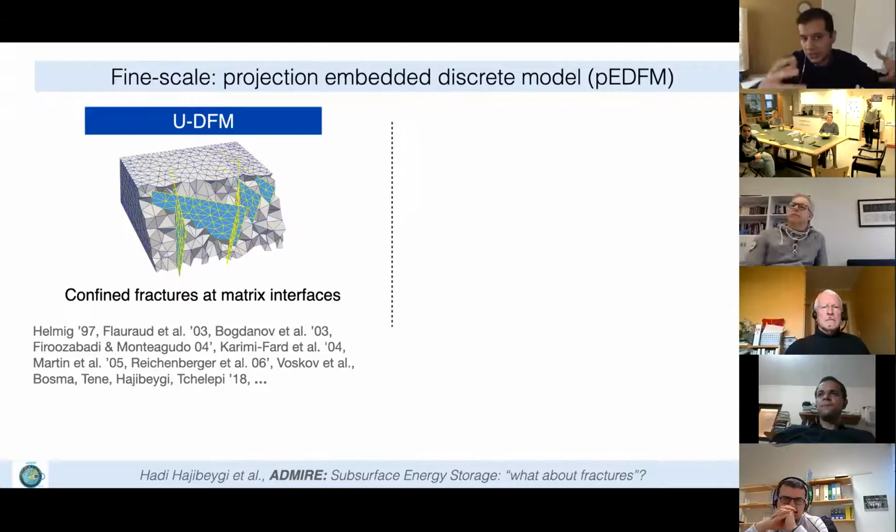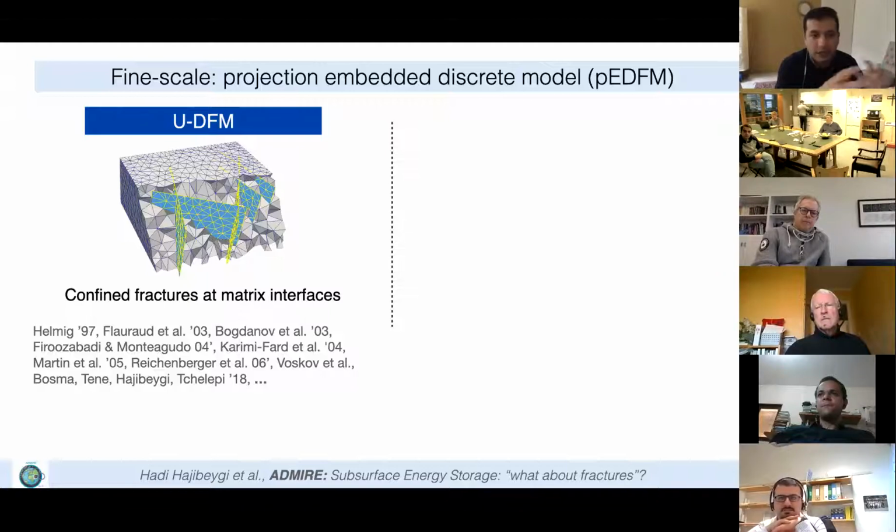Let's get the most state-of-the-art gridding strategy, and confine fractures at the interfaces of your grid cells on the matrix side. So fractures would always be at the boundaries of your control volumes. This was started by many scientists, and many more. I just listed a couple of people here to say that there is quite a rich community addressing fractures and discontinuities this way.